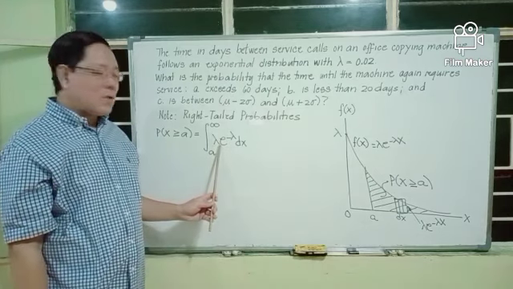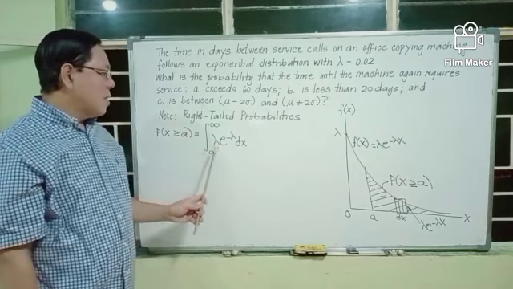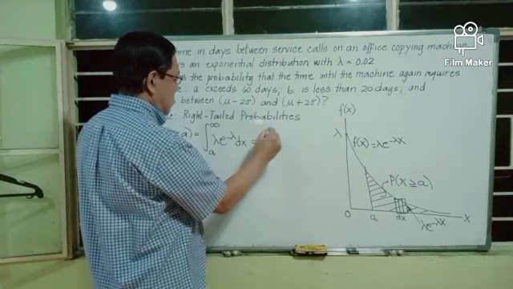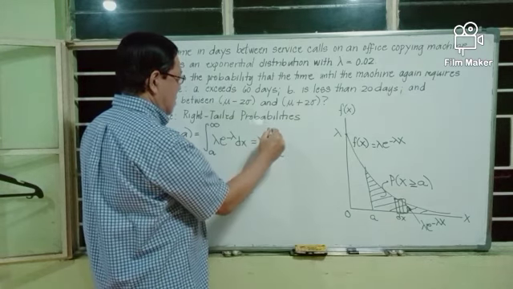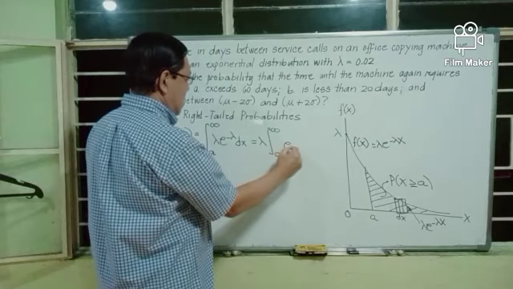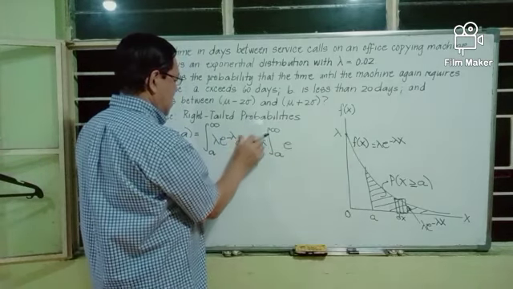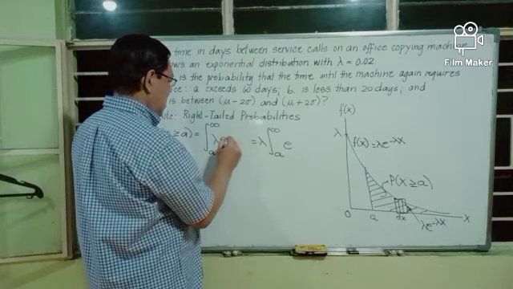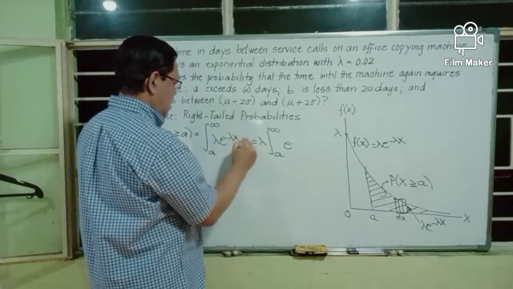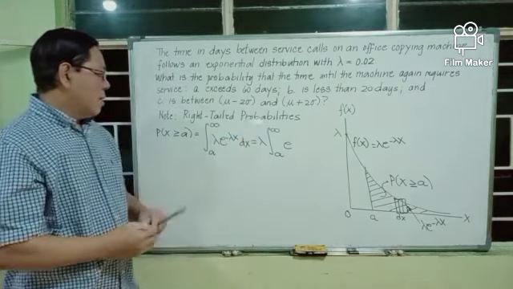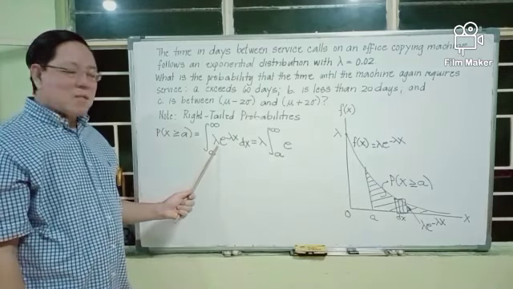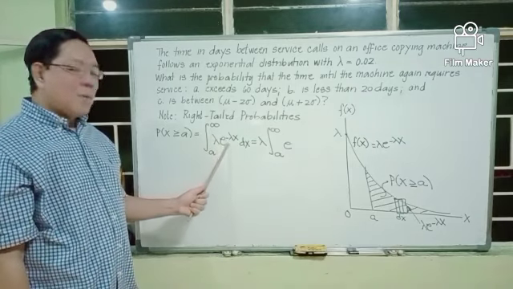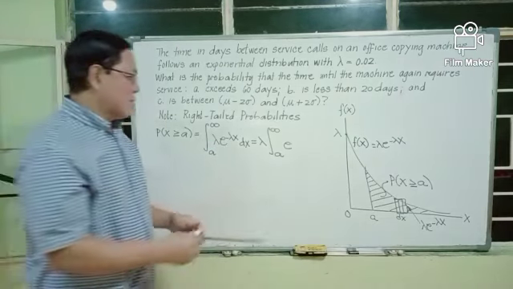Lambda is a constant, so we can take it out of the integral sign. We get lambda times the integral from a to positive infinity of e to the minus lambda x with respect to x.